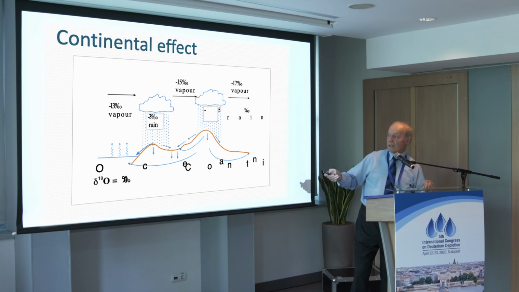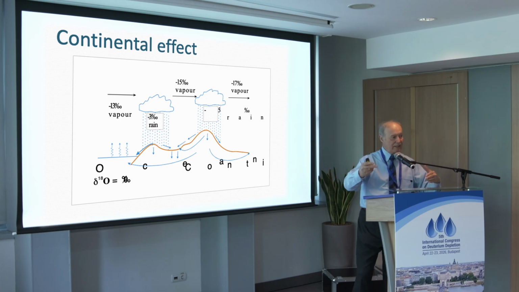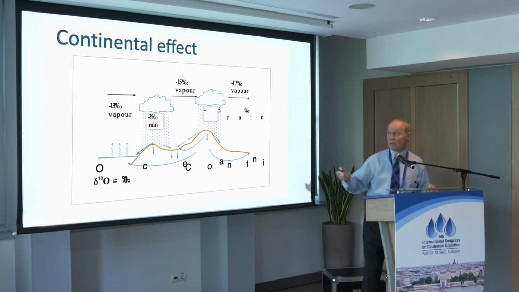The next rain is -5, a little bit more negative, and the vapor is even more negative. As it goes into the central part of the continent, the precipitation will be isotopically lighter and lighter, so the deuterium content is lower and lower. This is called the continental effect.